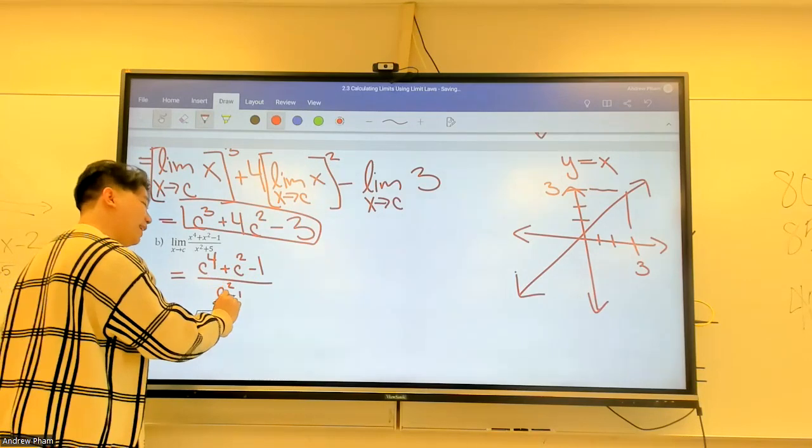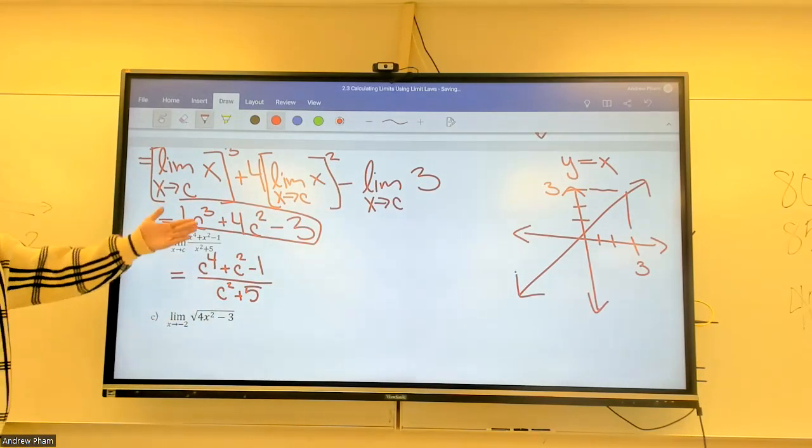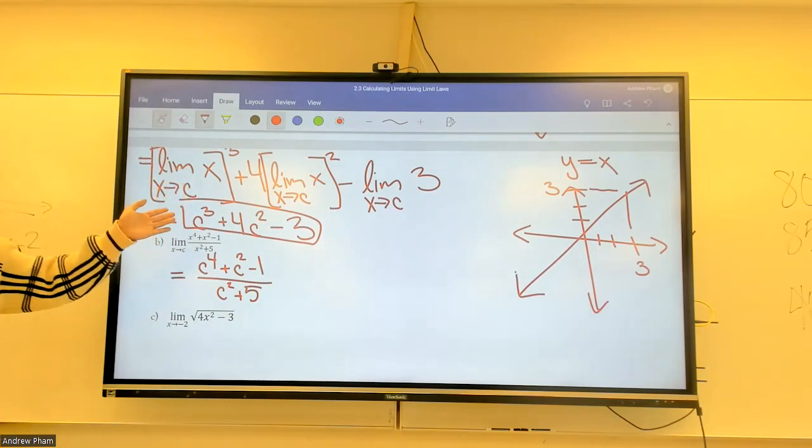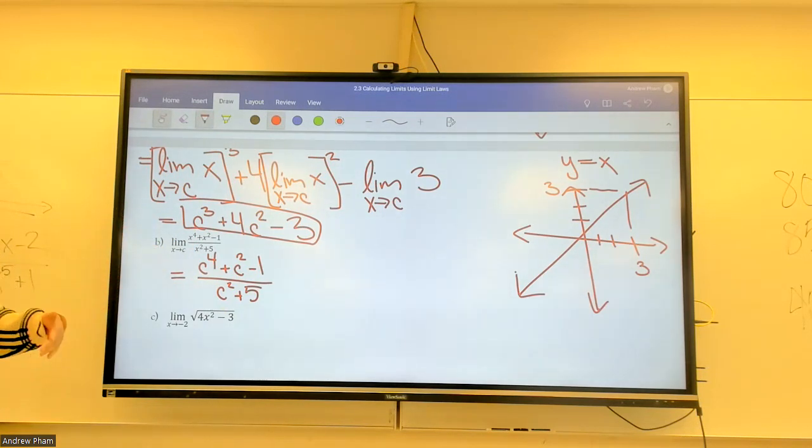Kind of looking like I'm just plugging in c again. Because I can do that same process like before. I could, if I want, split this up, saying it's the limit of x to the 4th plus the limit of x squared minus the limit of 1, all over this. But I know in the end, it's going to end up looking like I just plugged in c.